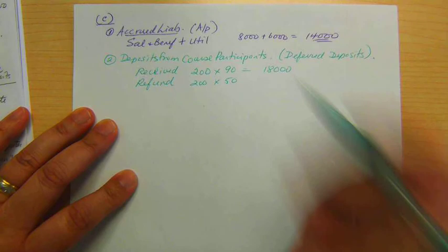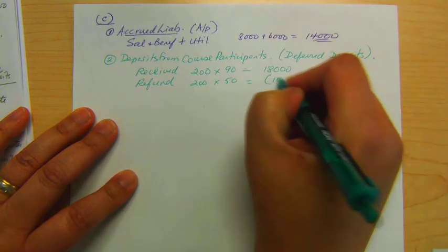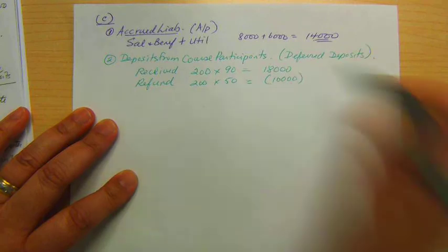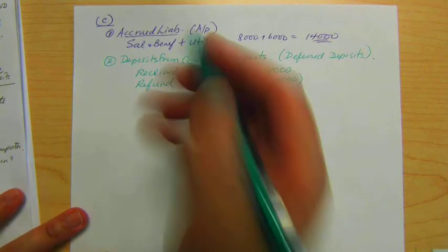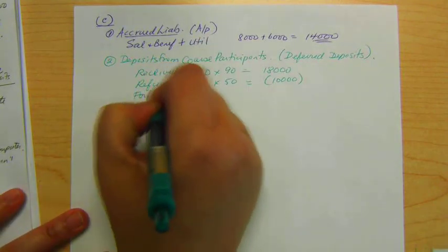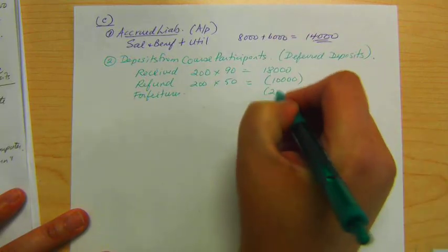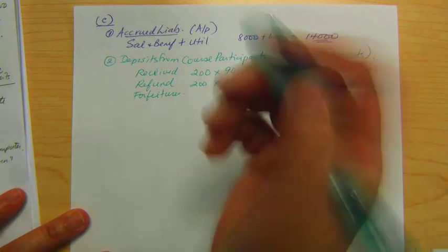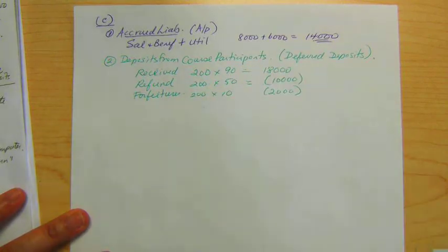You could just do all in one, but I'm just spelling it out for you. So that's minus 10 we're taking away from there. And what else is tied with that? The forfeitures for people that dropped out. And we already calculated it as 2,000, or you can calculate it again, 200 times 10 if you want.